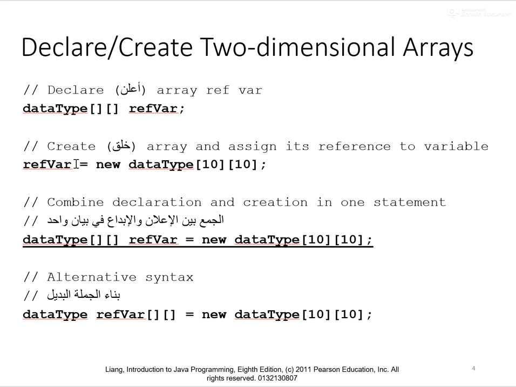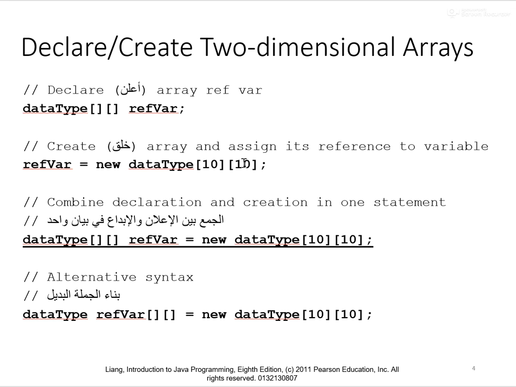This is how you create an array. You assign the name, so you allocate new memory using the new keyword. You specify the data type, an integer, of course, so you have to specify the same data type again. And over here, you have to provide the size of the two-dimensional array. In this case, this is a 10 by 10 two-dimensional array.